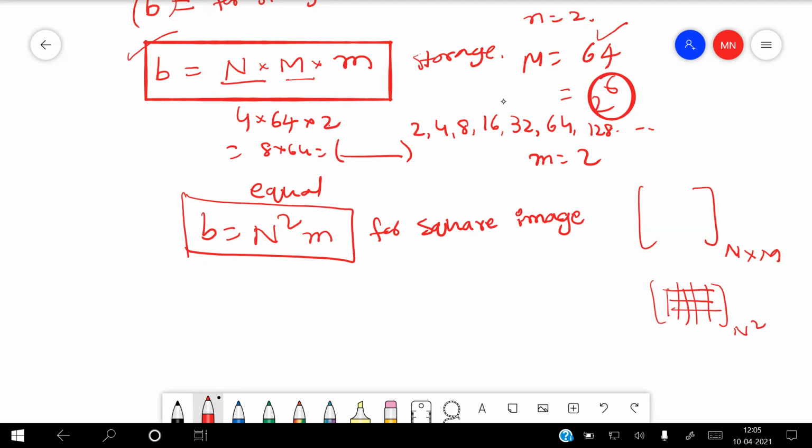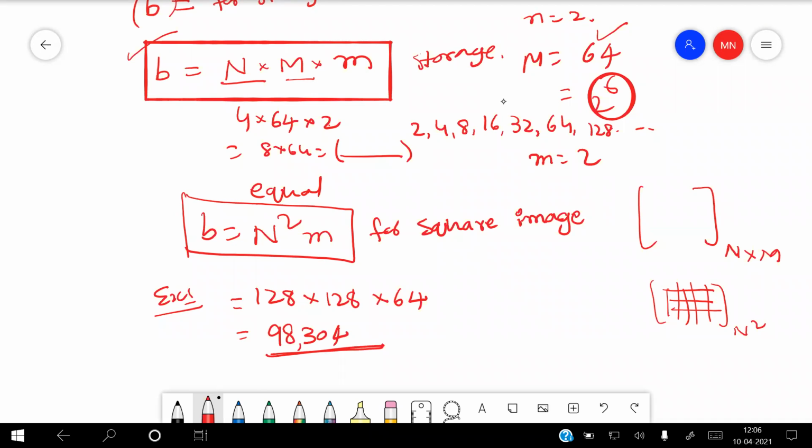Okay. Now, for example, n and m both are 128. N is equal to 128 and m is also 128. And the gray levels are 64. So what is the value of this one? 98,304.